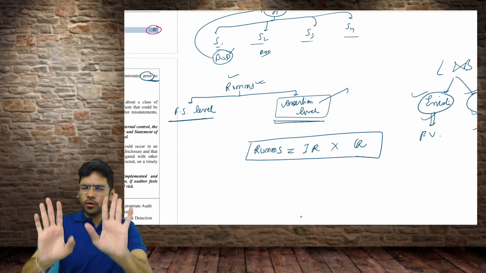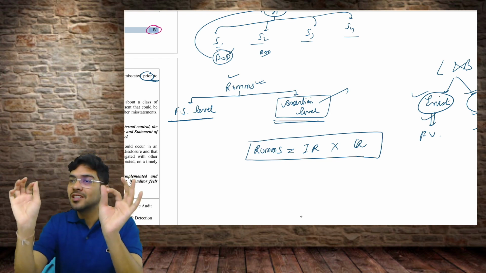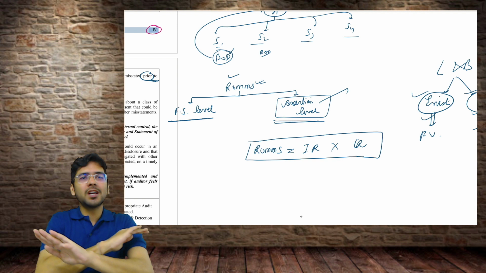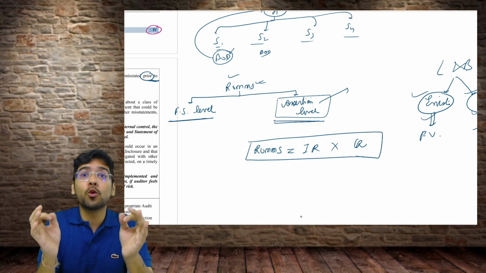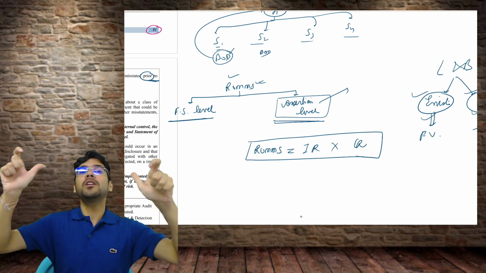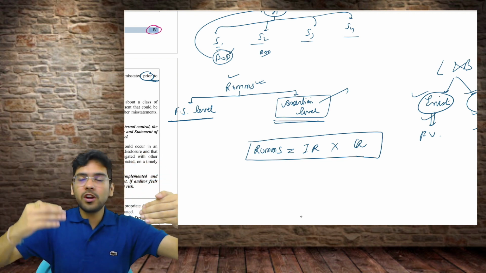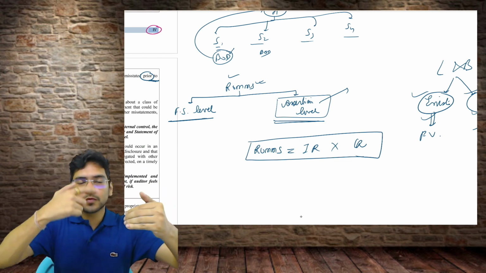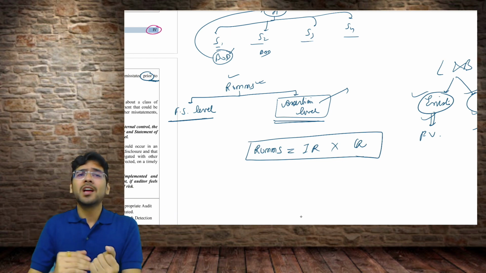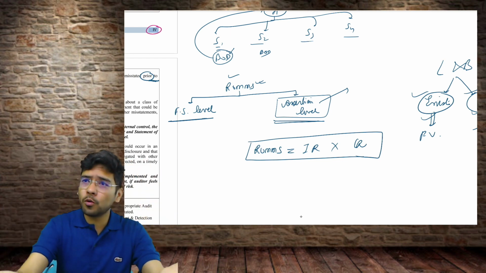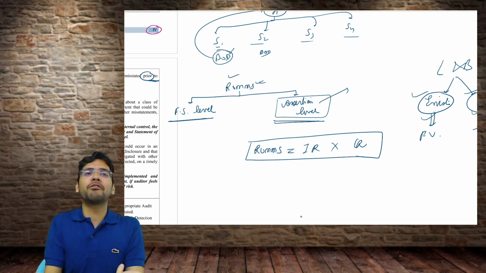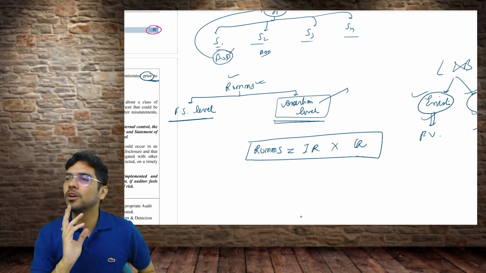But then I tell you, please calm down. I am just considering the inherent risk, assuming that there are no internal controls in your place. Assuming that there are no internal controls, what could be the chances of misstatements in the financial statement? Compare the jewelry business and the stationery business. Will the chances of misstatements in the jewelry business be high? Yes, assuming that there are no internal controls. But again, the management tells me, sir, why are you even assuming? We have put in so much money to implement internal controls. Why are you even considering that we don't have internal controls?